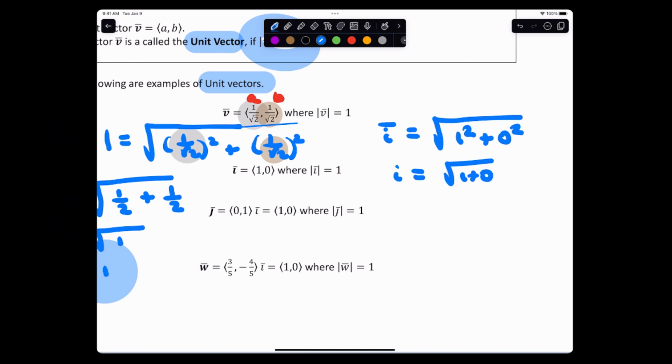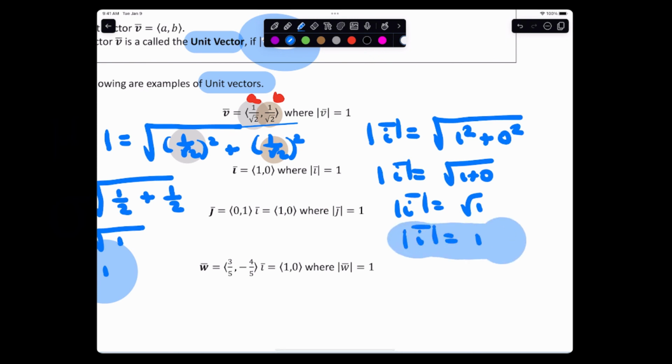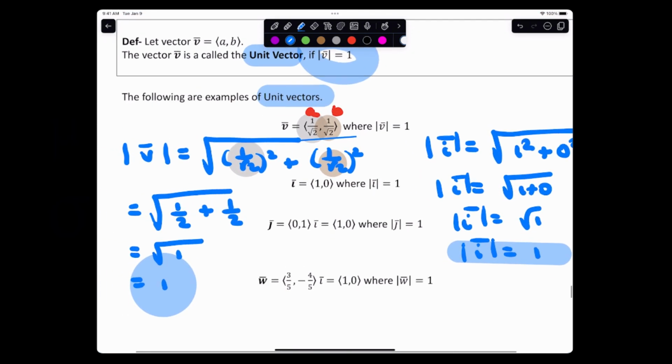Isn't that 1 plus 0, which is 1? What's the square root of 1? Oops, I forget my notation. So this vector known as I is a unit vector as well.